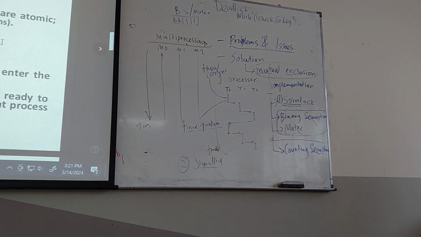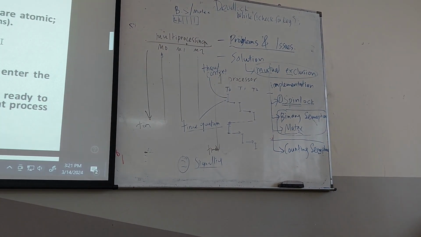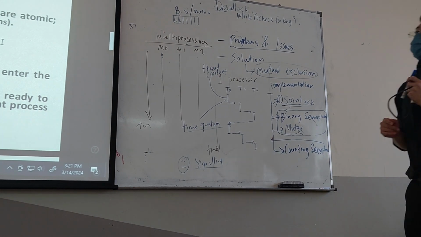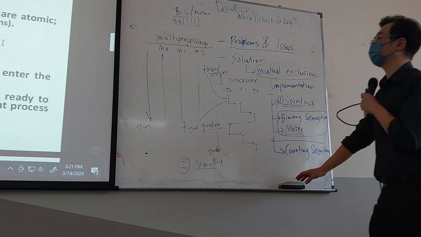I think I'll go into counting semaphore first before I go into other solutions. I'm not going to talk about the Peterson algorithm first. I'm going to talk about counting semaphore.